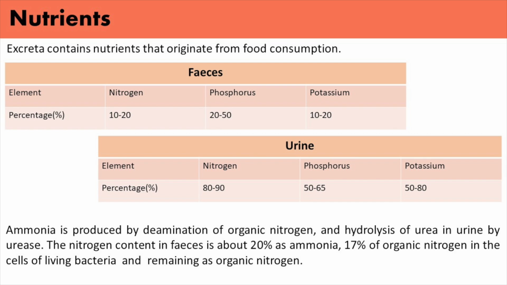Of the total nitrogen, phosphorus and potassium that is consumed, 10 to 20% of nitrogen, 20 to 50% of phosphorus and 10 to 20% of potassium is excreted in feces. 80 to 90% of nitrogen, 50 to 65% of phosphorus and 50 to 80% of potassium is excreted in the urine.